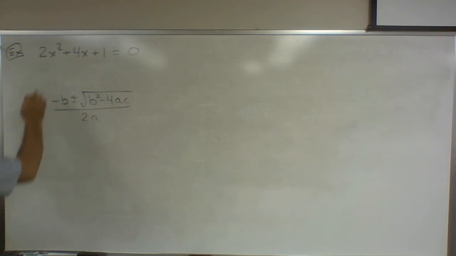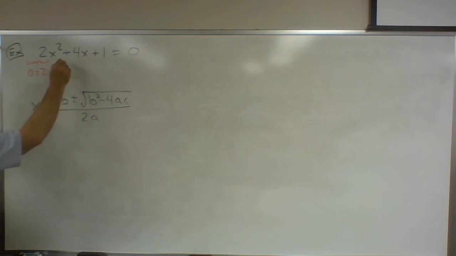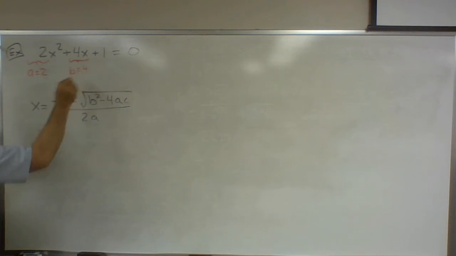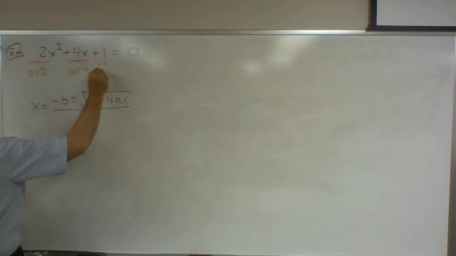A is the coefficient of the x squared term, so a equals 2. B is the coefficient of the x term, so b equals 4. And c is the constant term, c equals 1 in this case.